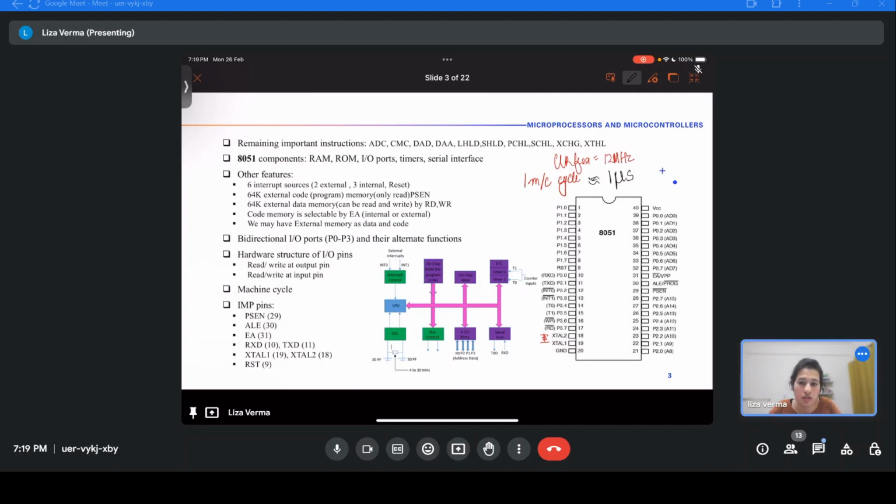These are I/O ports. And why are they called bidirectional? I/O ports mean the controller can exchange data, it may receive or may transfer.